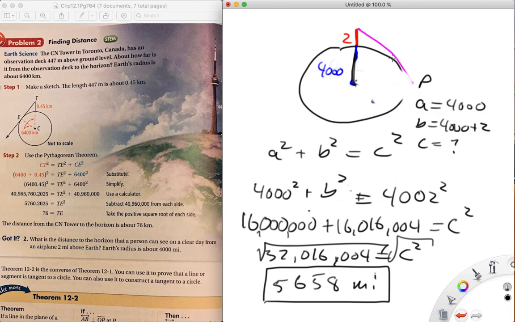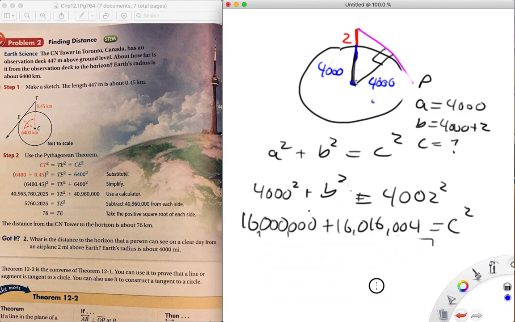So this is how it should look. That 90 degrees right here, and this is my 4,000. My mistake. That number felt really wrong.